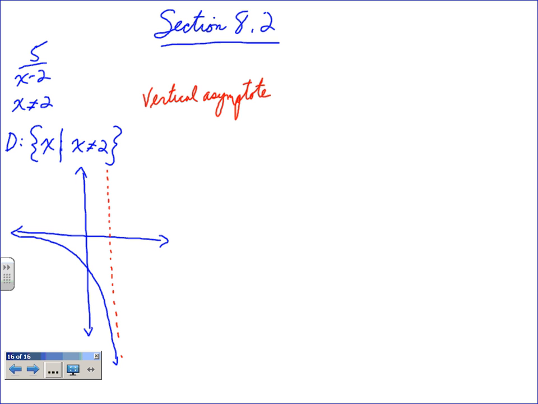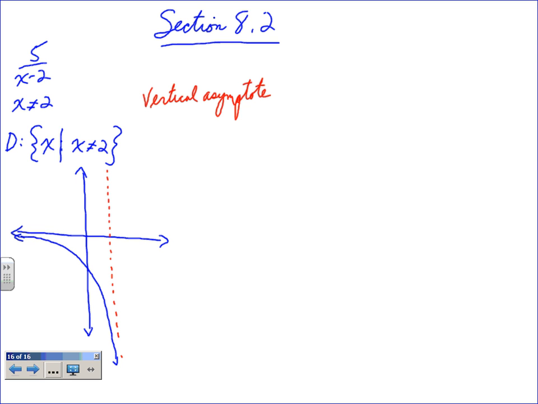One of the properties of a vertical asymptote is that your graph cannot touch it, cannot cross it. And eventually, when you approach from the left, it gets closer and closer to this vertical asymptote, never touching, never crossing.